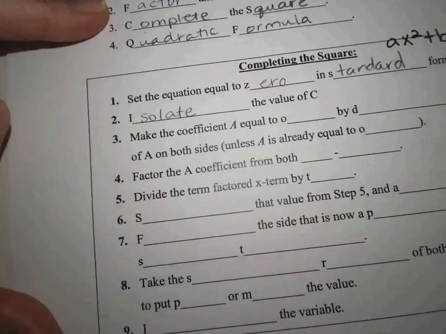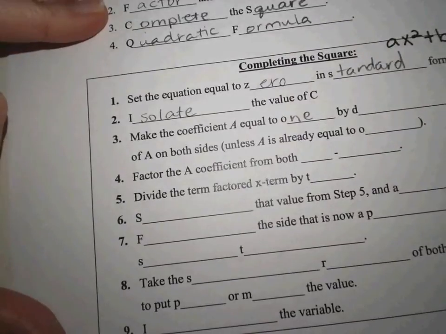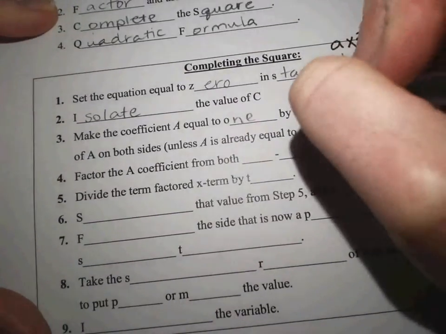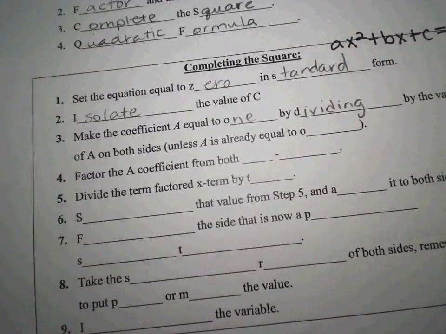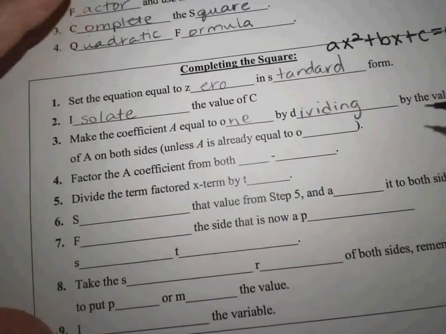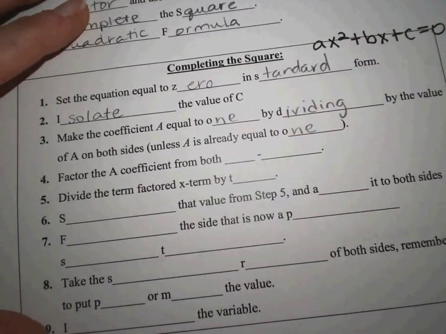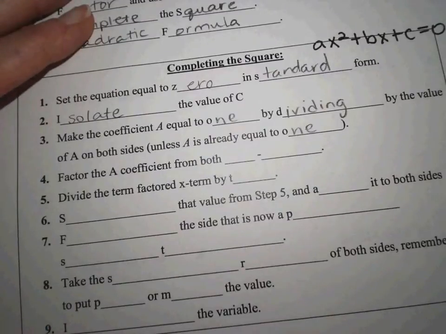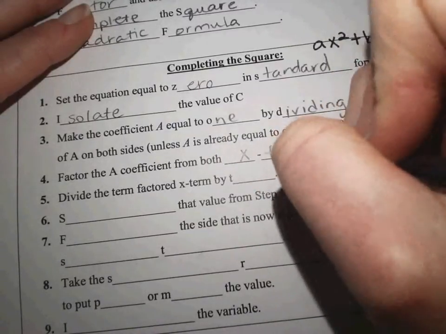Step 3: make the coefficient of a equal to 1 by dividing by the value of a on both sides, unless a is already equal to 1. Step 4: factor the a coefficient from both x terms.